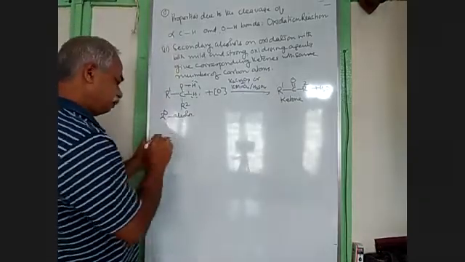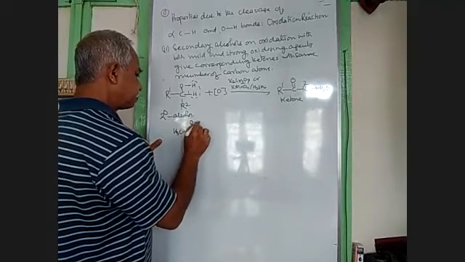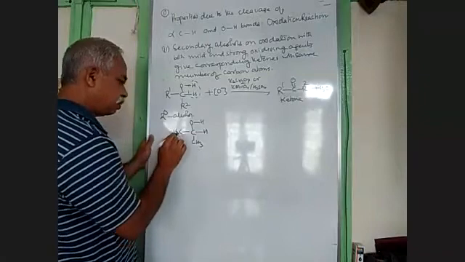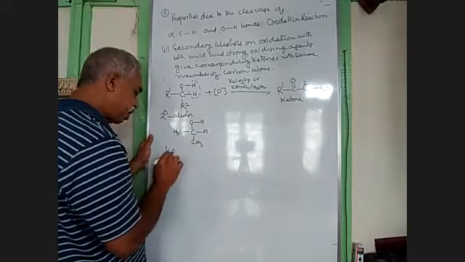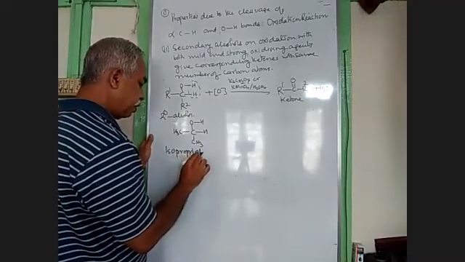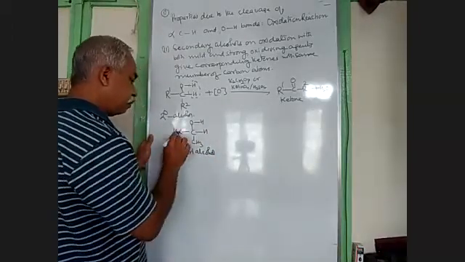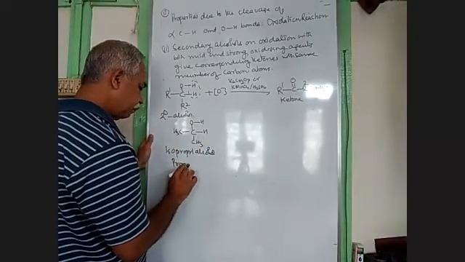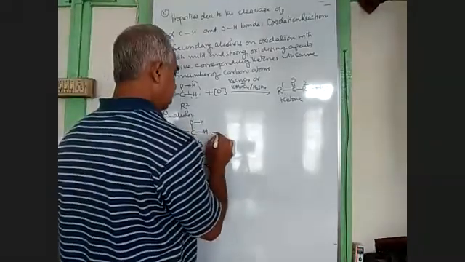So let us write now. Suppose I have taken this. See, what is this name? I told you second carbon OH, so it will be iso. How many carbons are there? 3. So it is called isopropyl alcohol. What is the IUPAC name? 1, 2, 3. So I'll write here propan-2-ol.